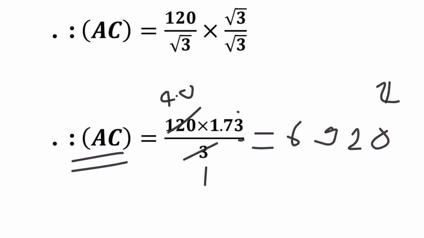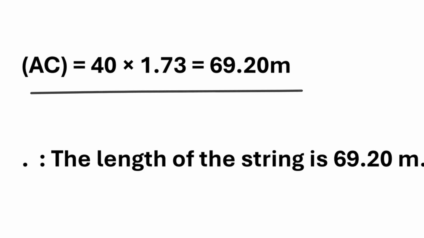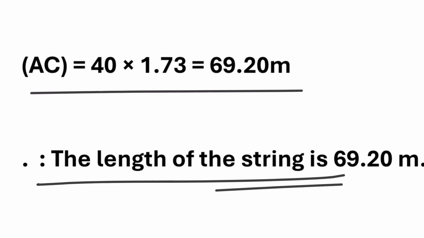Now how many decimal places? 2. Therefore 69.20 meter, or simply you write 69.2 meter. That is the length of the string, 69.2 meter.